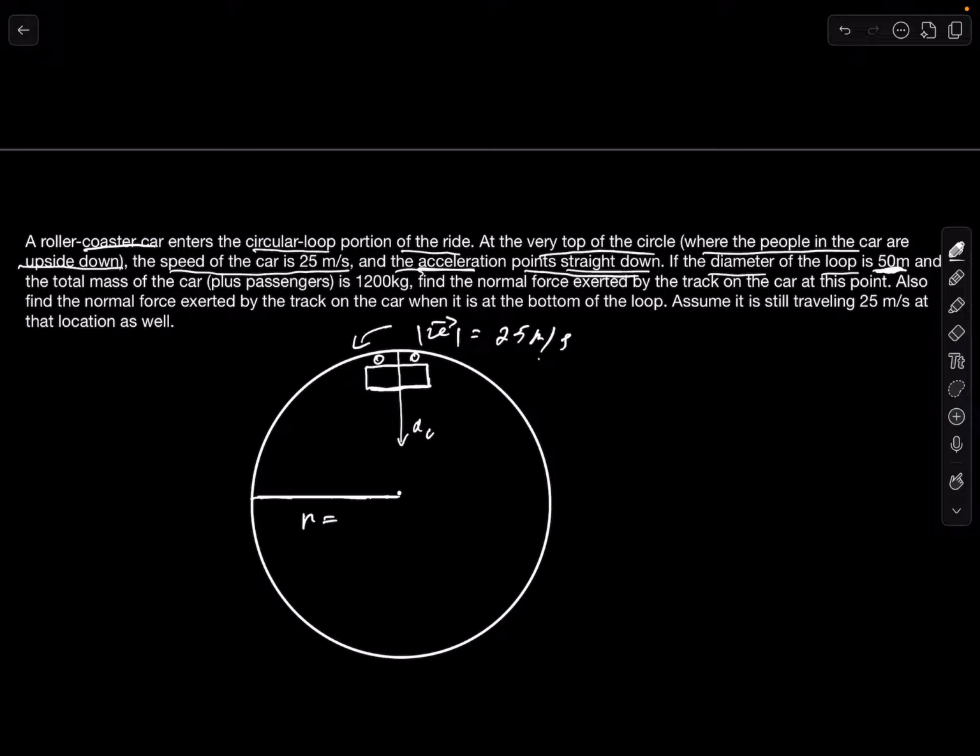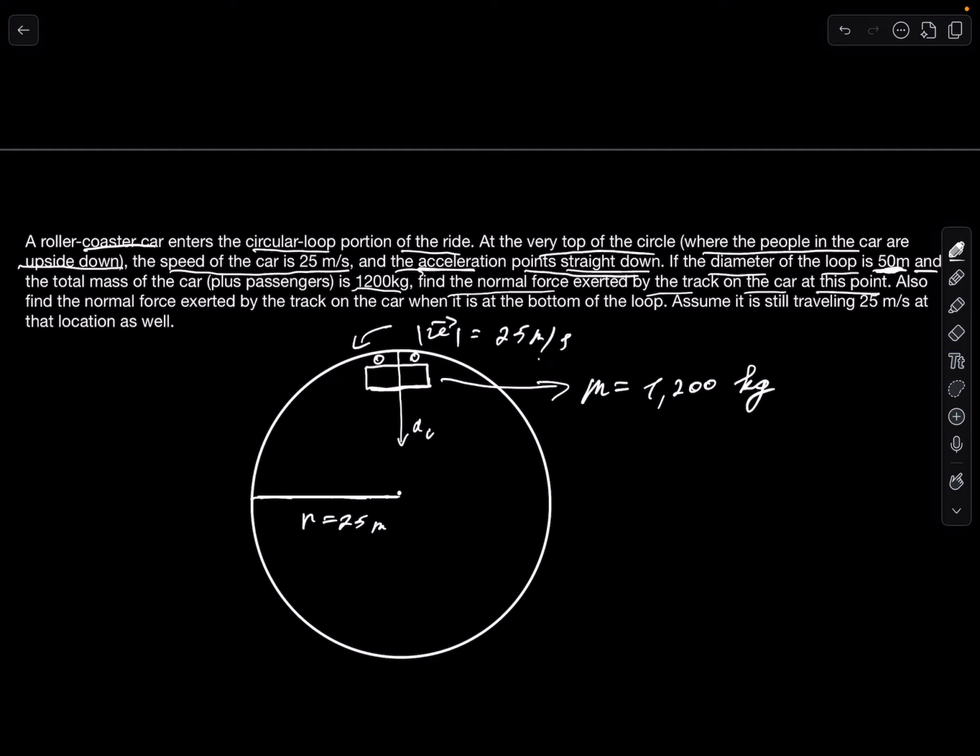So radius is 25 meters, and the total mass of the car plus passengers is 1,200 kilograms. Find the normal force exerted by the track on the car at this point.